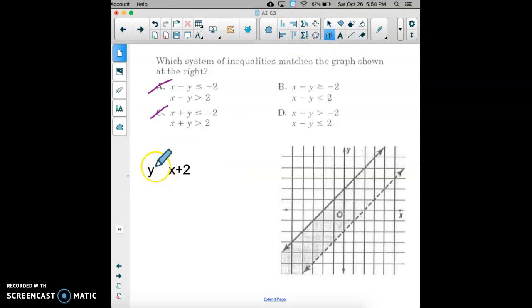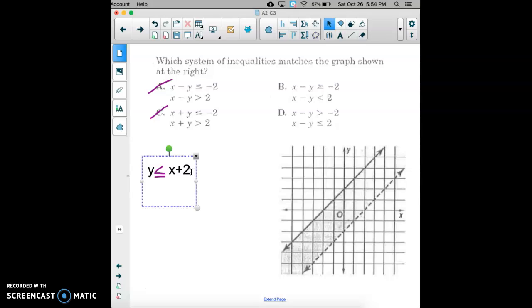Let me grab my marker here. And when I simplified this, I divided by a negative, so I'm going to have to flip that sign and keep the or greater or equal to sign underneath it. So I've got one of my equations there.